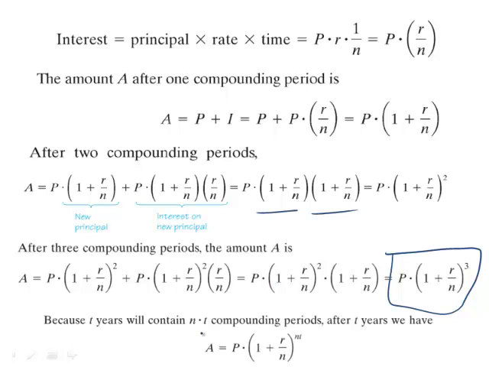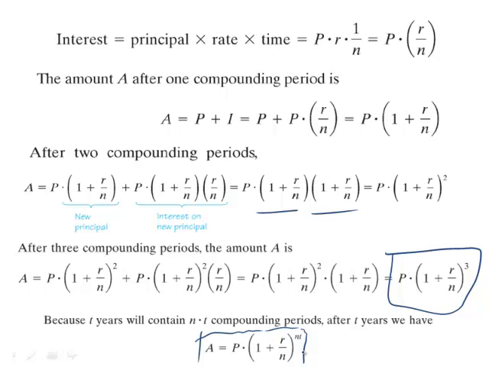So here's actually the famous compound interest formula where your account balance A is going to be the beginning principal P. That's the lump sum of money that you initially invest.